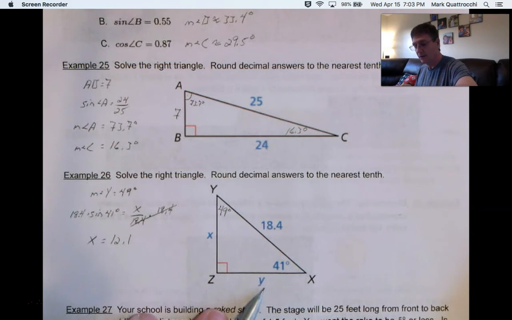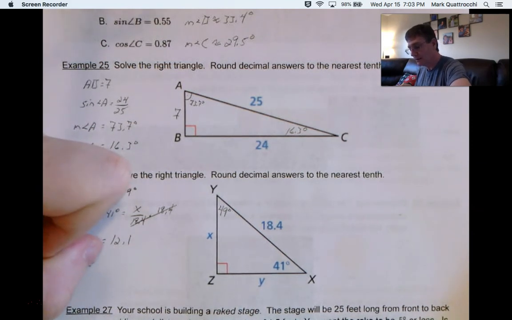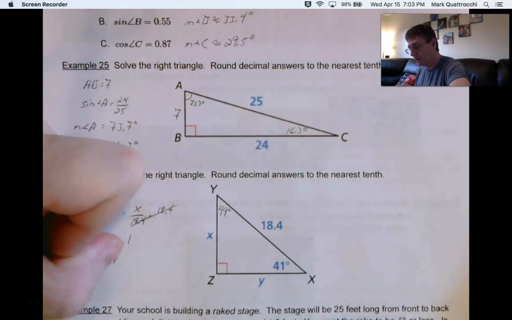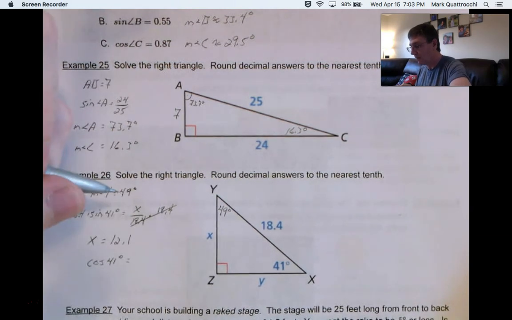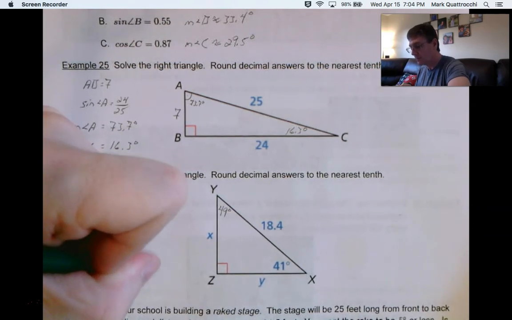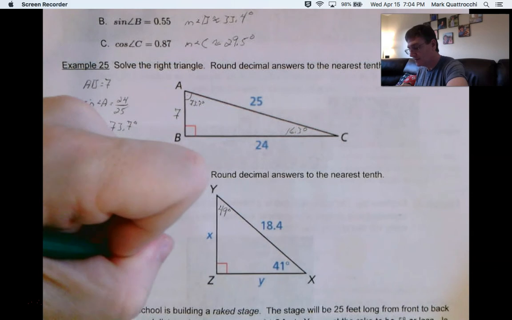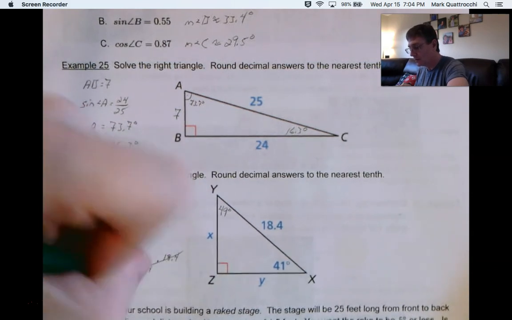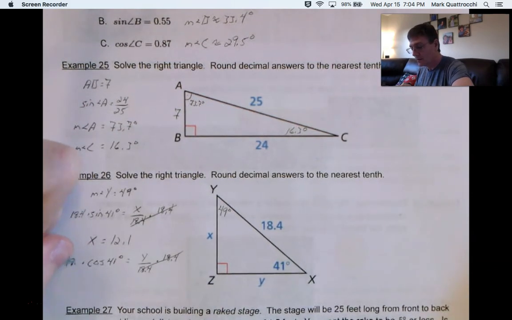To find the value of y, I'm going to use cosine. Cosine of 41 degrees equals y over 18.4. Again, multiply both sides by 18.4.